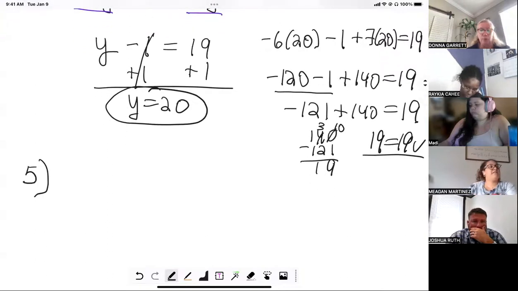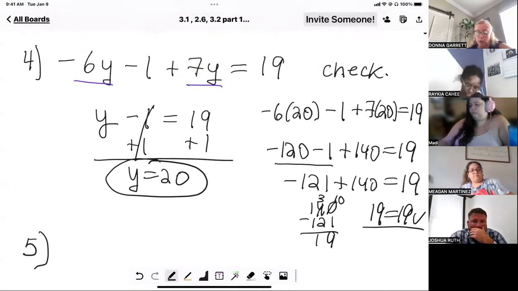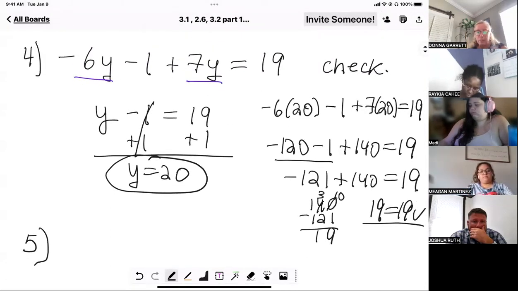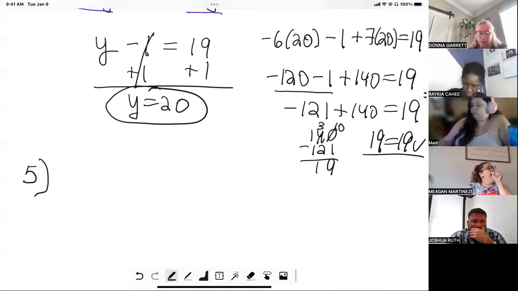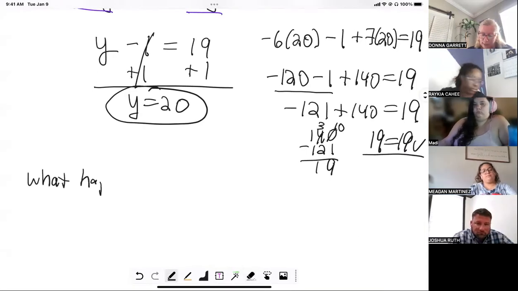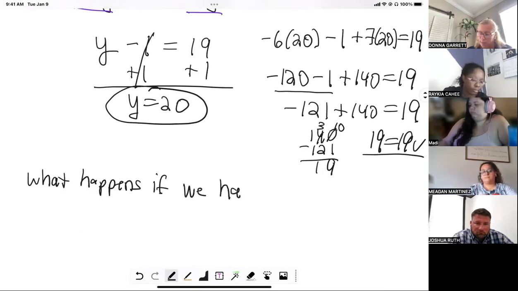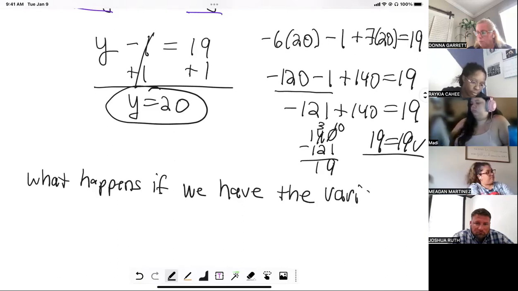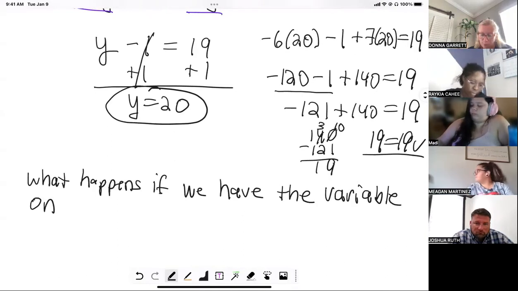Okay, I'm going to mix it up a little bit and add something else we haven't done. So far, if you notice all the problems we did, we had to combine like terms on one side, right? But what happens, actually, I'll write this first. What happens if we have a variable on both sides of the equation?